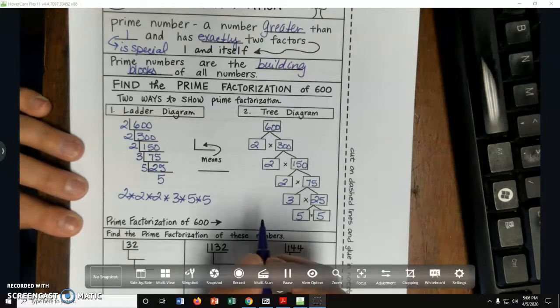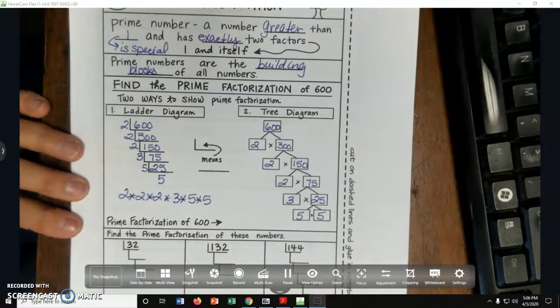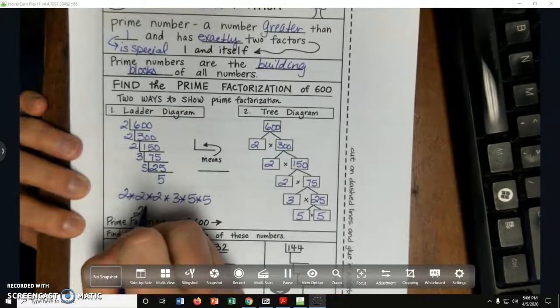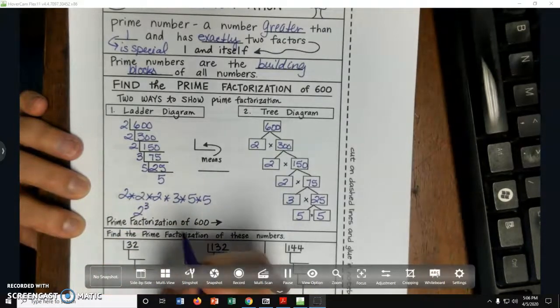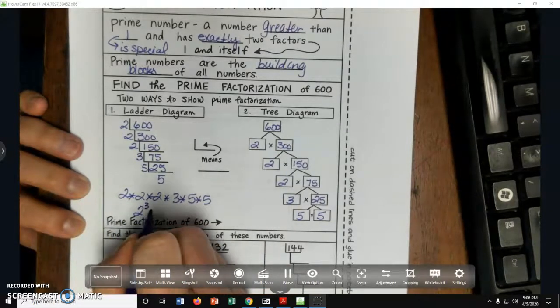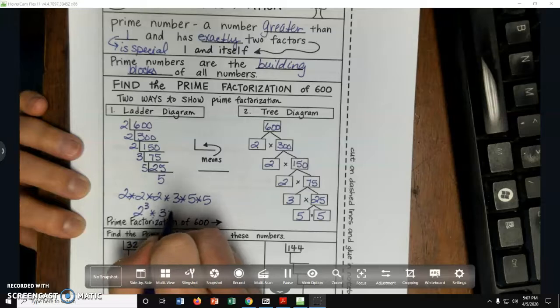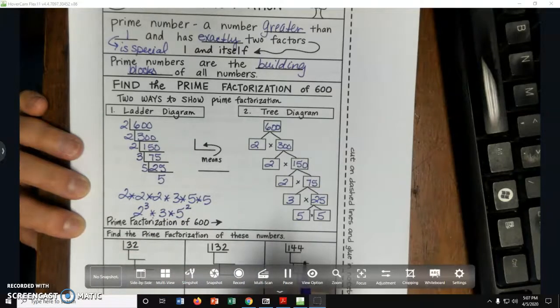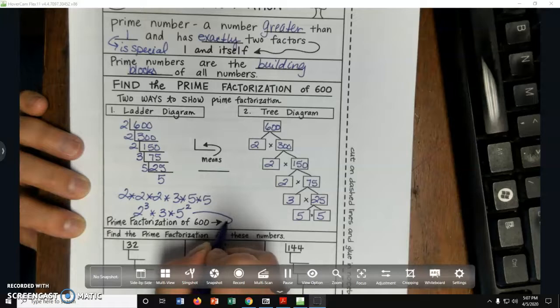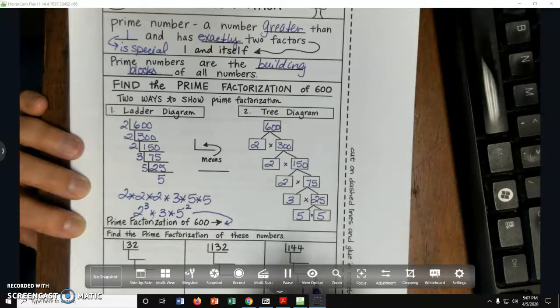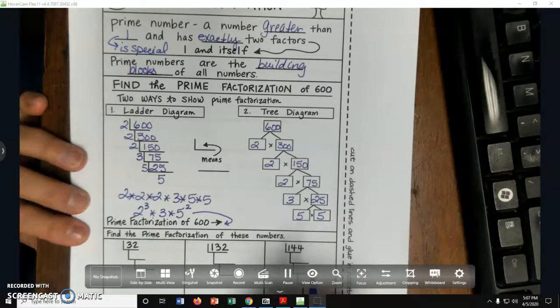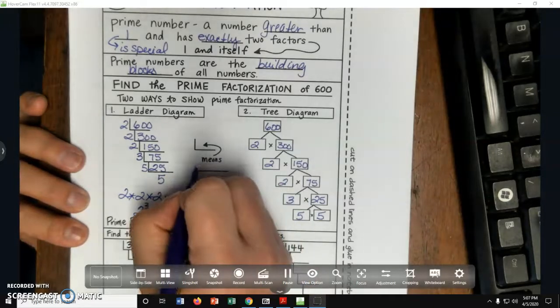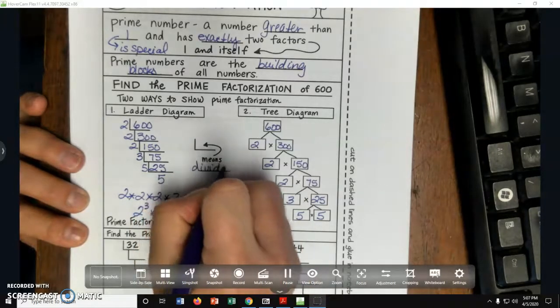So writing this in our proper notation, this is going to be 2 to the 3rd power, times 3, times 5 to the 2nd power. That is my prime factorization for 600. 2 cubed times 3 times 5 squared.